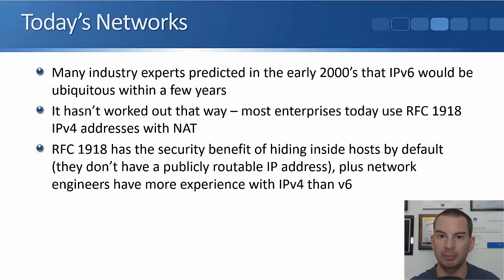So your private IP addresses, you can route between your hosts on the inside network, and you can route between your hosts over your own wide area network, but you cannot send traffic to a private IP address on the internet. Because all the different companies are using those private IP addresses, the internet would not know which one to send it to. So they're for internal use within the organization only.